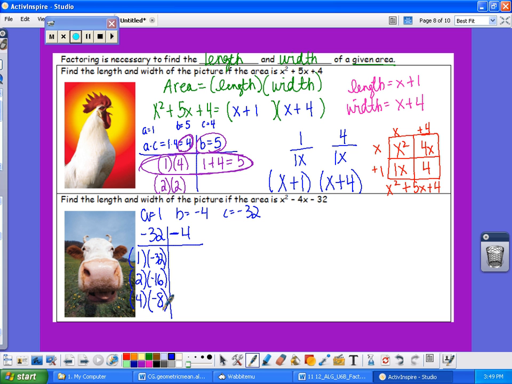Now, it's your option if you want to do the factors and then add them at the same time, or you can do all the factors at one time and then add them all at one time. 2 and negative 16 gives me negative 14. 4 and negative 8 gives me negative 4.